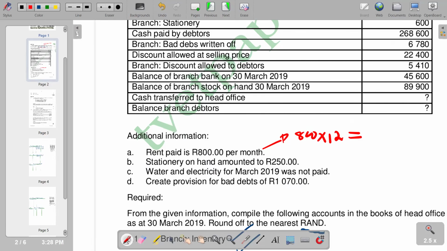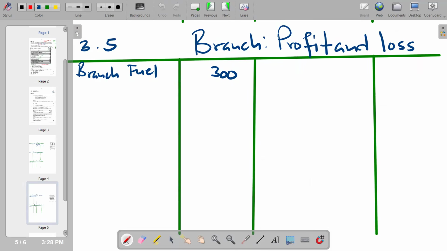So that means this is the amount that is supposed to go to the profit and loss for rent. So it's supposed to be branch rent. So we come here, we say branch rent, $9,600.